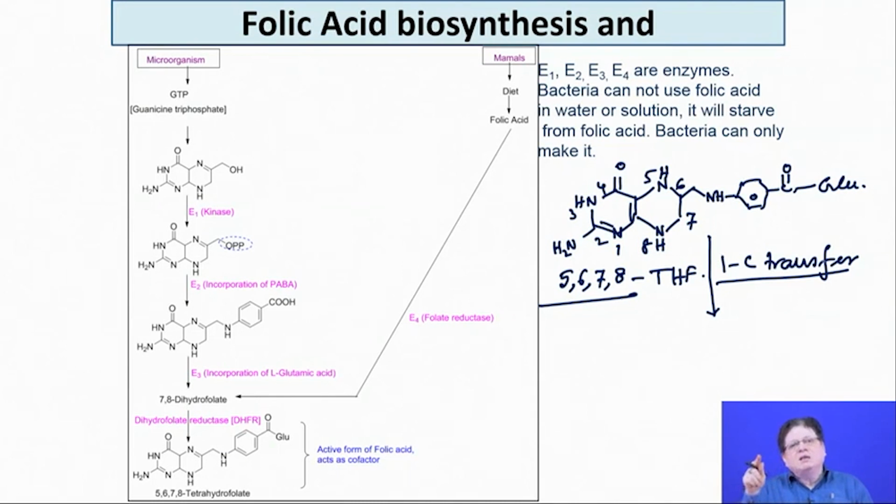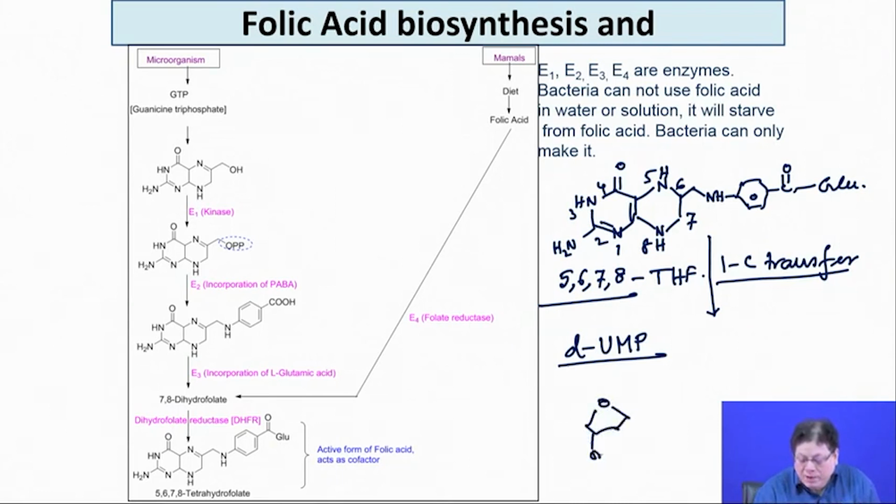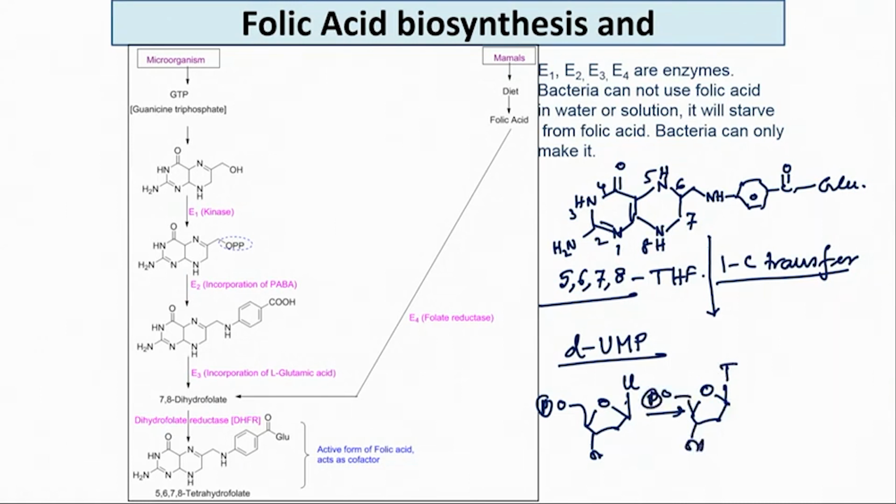That uracil is converted into thymine deoxyribosyl phosphate, that is called DTMP. So, DUMP, deoxyuridine monophosphate, has this OH, this phosphate, and here you have uracil, that is converted into the thymine T, phosphate, and here the OH. So, that is the reaction.